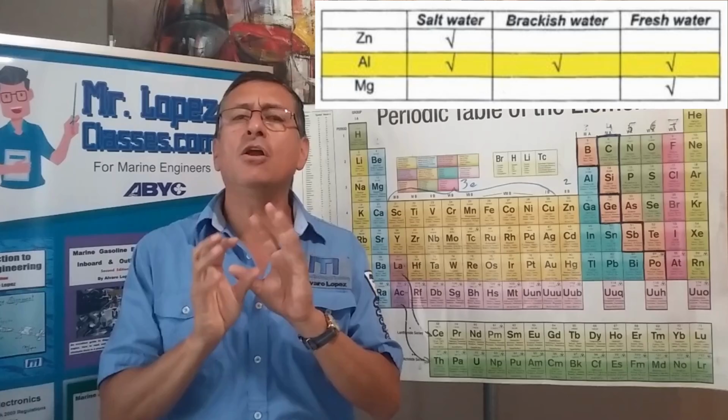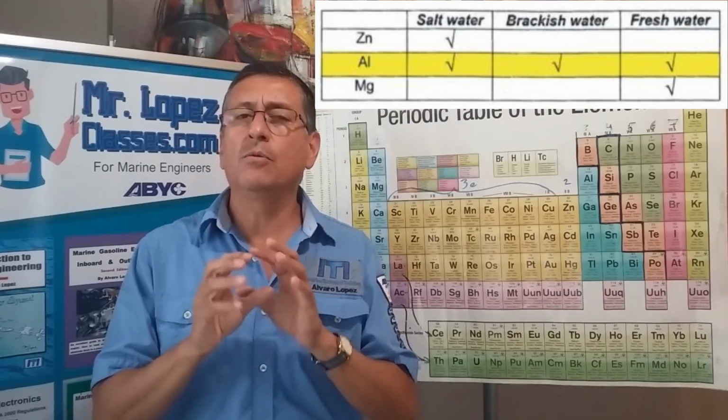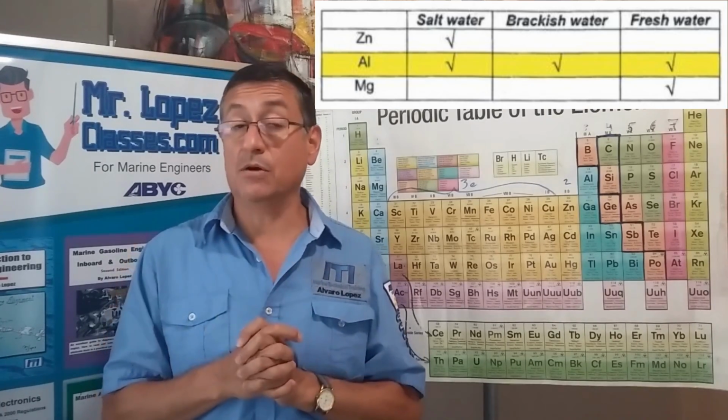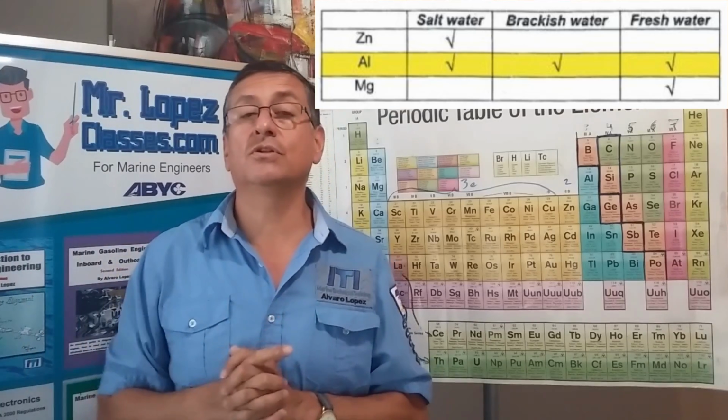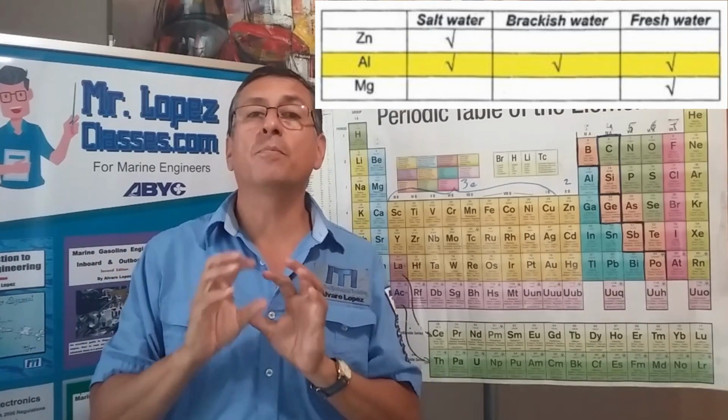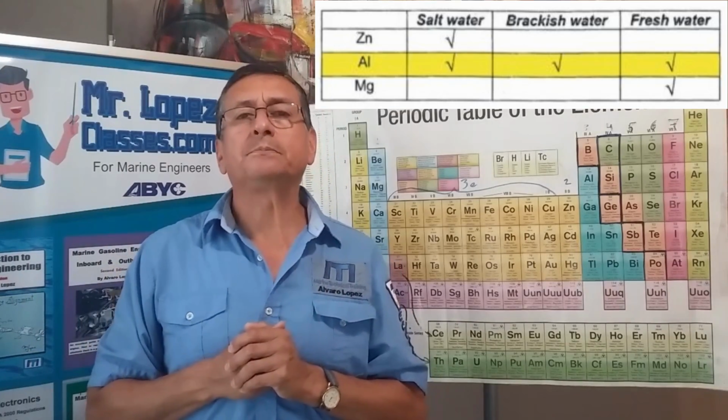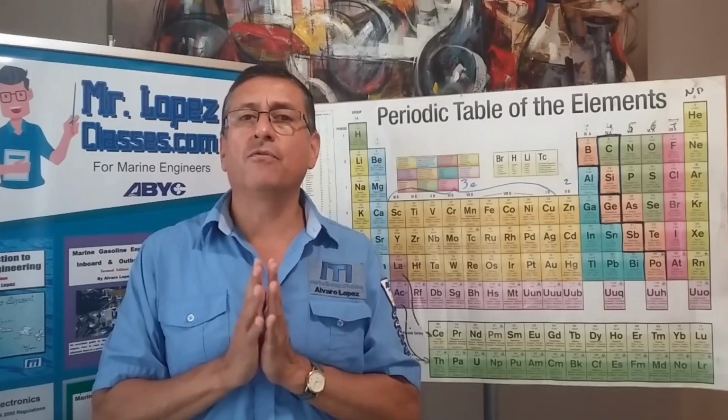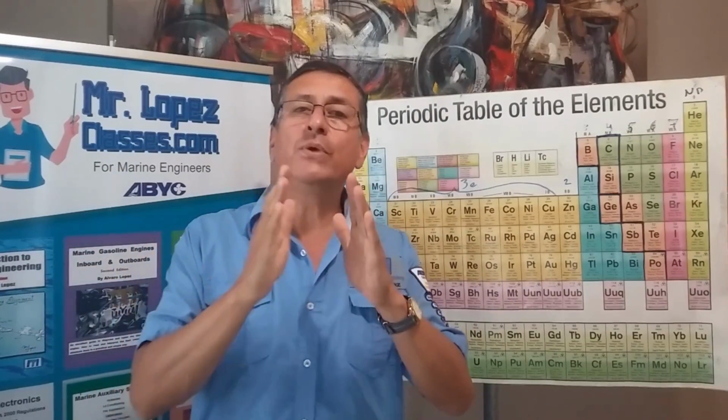And some alloys of aluminum with cadmium and other metals, I'm going to explain in the book of corrosion, are excellent for brackish waters. All right, this is the situation, and for that reason, zinc is the metal of preference in order to protect against corrosion. But be careful with this.